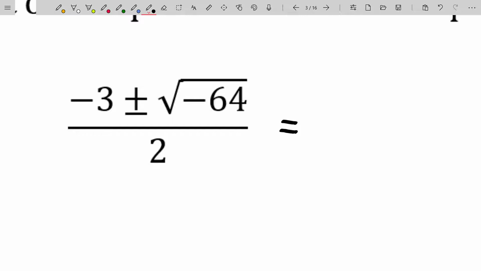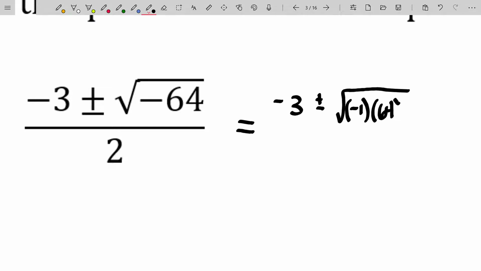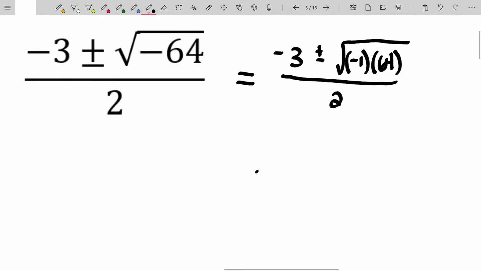Work in the numerator first. So I'm going to write that as -3 plus or minus, and I'll write that square root of -64 as the square root of -1 times 64. And the reason why I'm doing that is because I know I could take the square root of 64 fairly easily. Now I'll go ahead and move down to the next line here and say that's -3 plus or minus the square root of 64, which is 8.